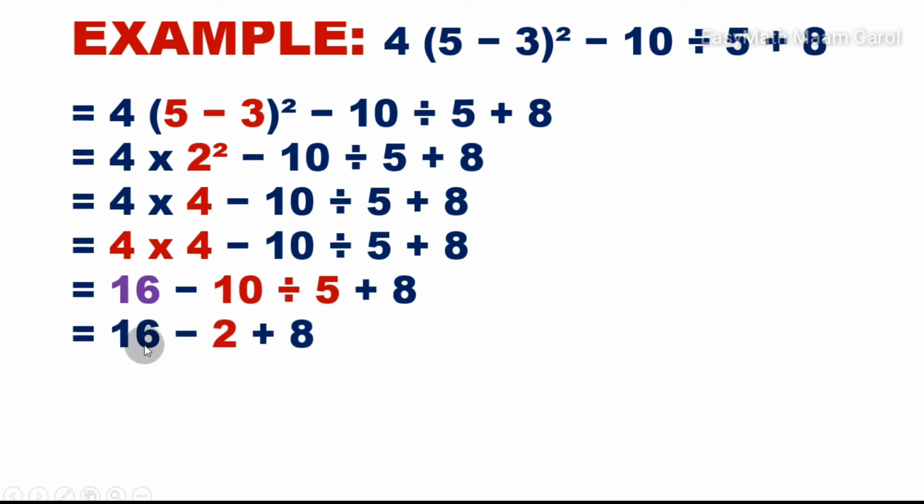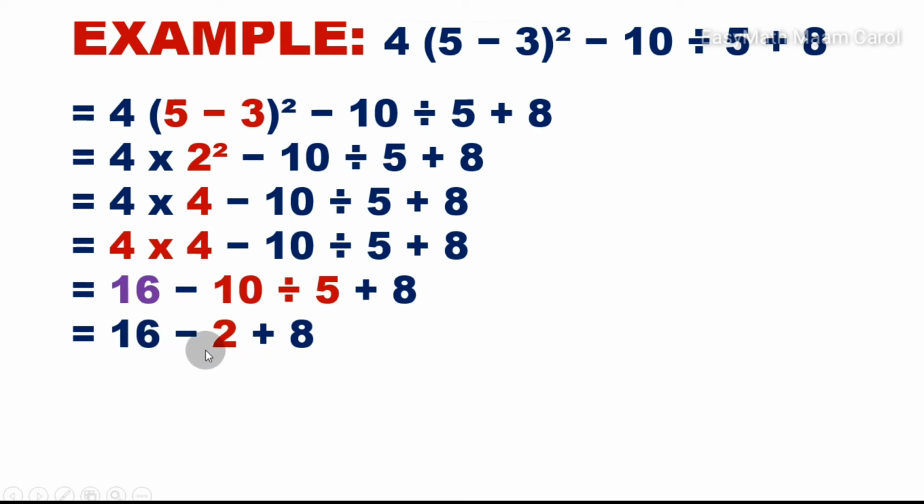So what happens is we have 16 minus 2 because 10 divided by 5 is 2 and then yung plus 8. So what happens now is at this point, naubos na rin lahat yung multiplication and division operation doon sa previous lines natin. So we have 16 minus 2 plus 8, and we will now proceed computing from left to right.